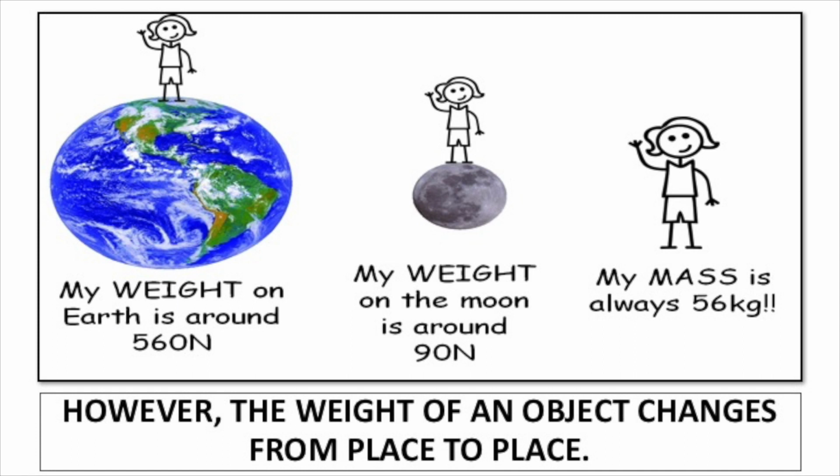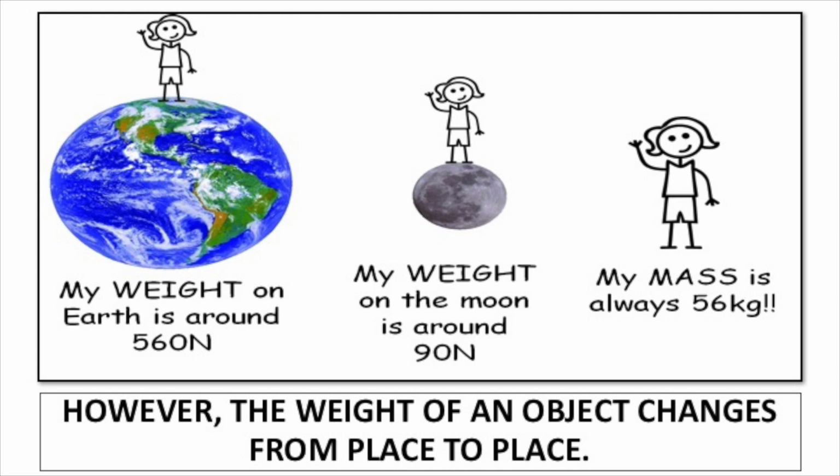Less, a lot less. That's why we float up in space, because we weigh a lot less. Why do we weigh a lot less? Gravity. No gravity in space. But mass always stays the same. Our mass on planet Earth, 56 kilograms.